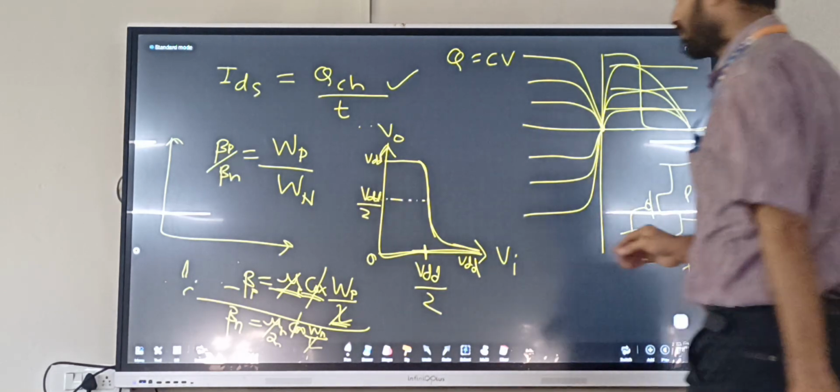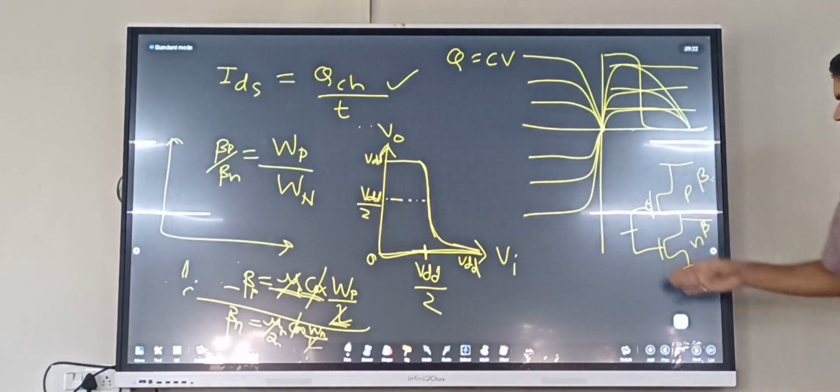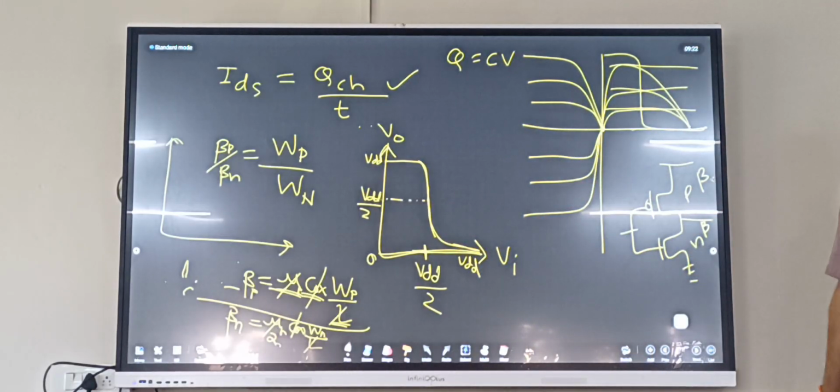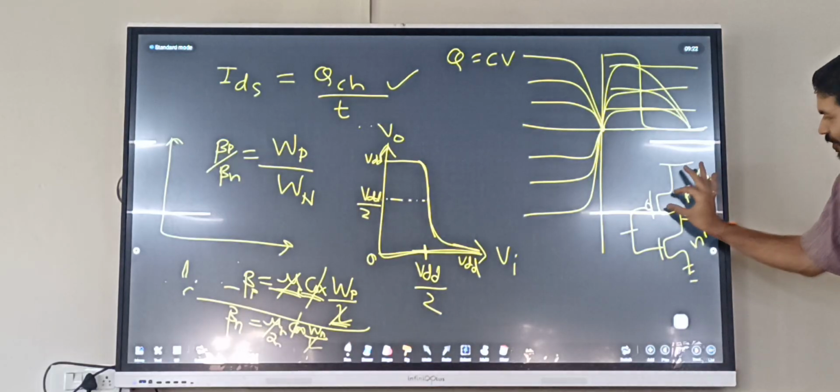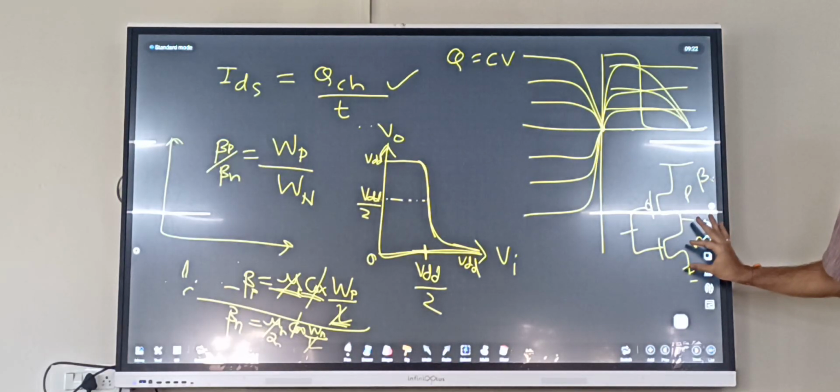And what is the graph? It just shows the operation of the inverter. So if I change the width of PMOS or the width of NMOS, how this circuit will behave, that we are studying. That is all we learn. Fine.